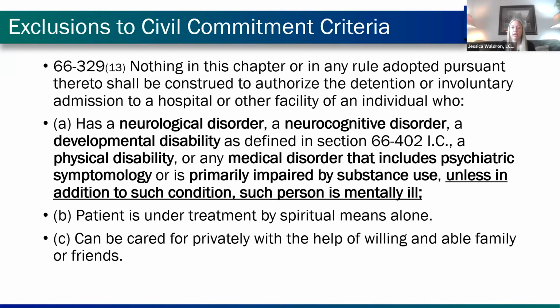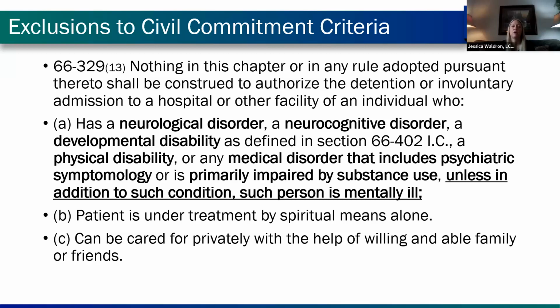And by that, we're looking at essentially what symptoms is the person presenting with, and are those symptoms related to the co-occurring mental illness, or are they related to one of those exclusionary criteria? So, neurological disorders, obviously dementia, traumatic brain injuries, different things.